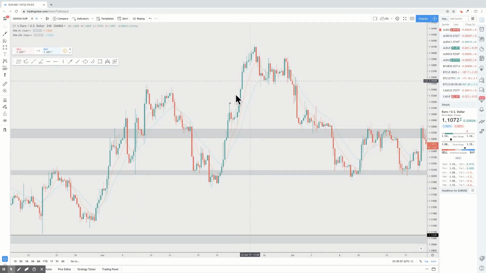But both EMAs, or both moving averages, are on the bottom of this trend, right? And they act as a support. What I mean by that is, do you see how your candles here will almost retest them?